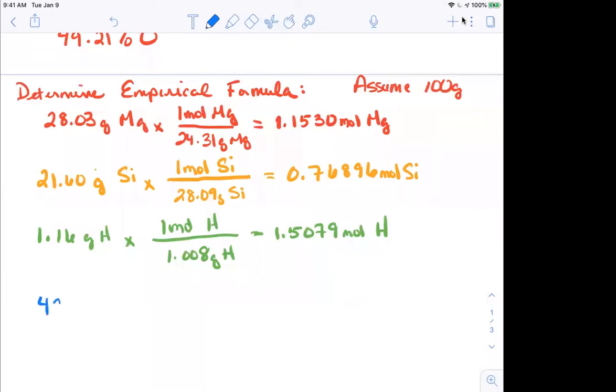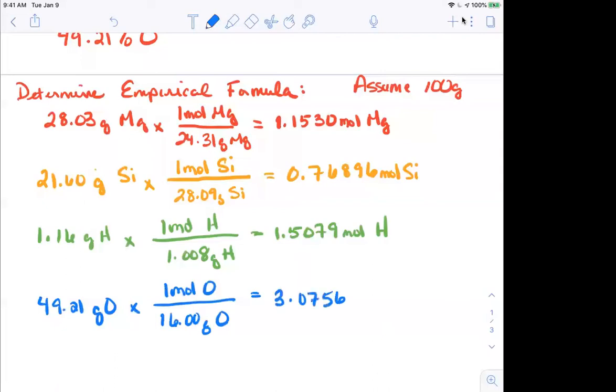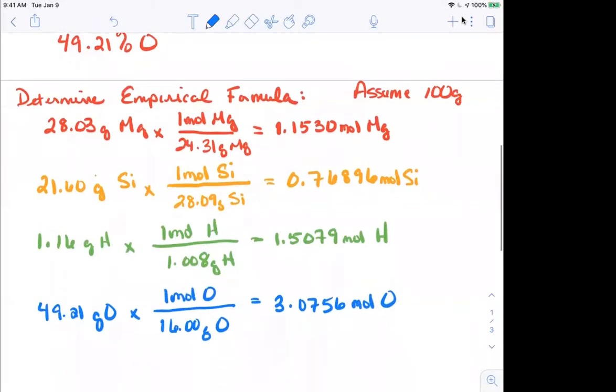I have 49.21 grams of oxygen. For every 1 mole of oxygen, I have 16.00 grams of oxygen. So that gives me 3.0756 moles of oxygen. So now I have my mole values.